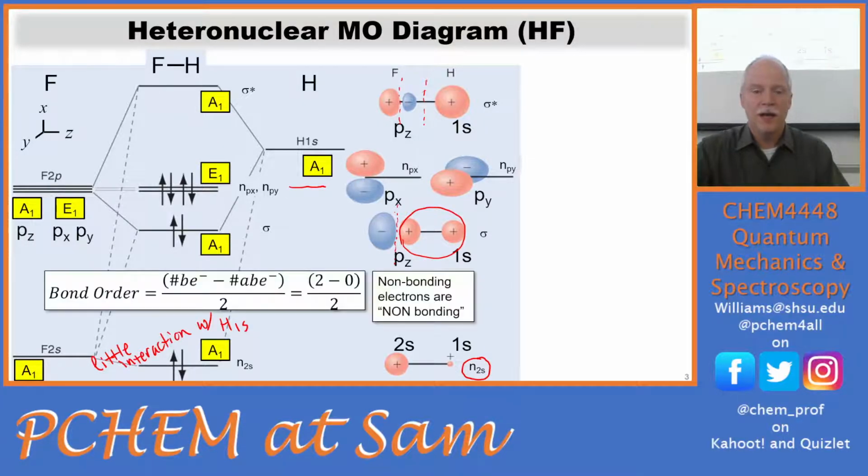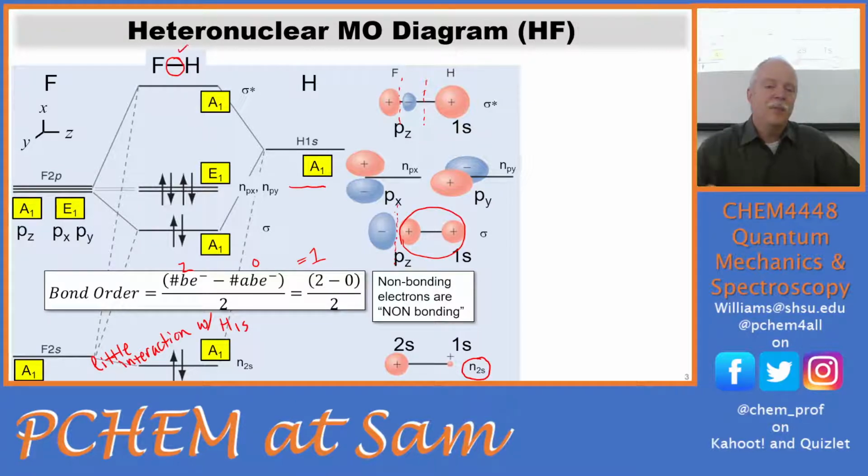Okay. Now, the bond order. This is kind of a tough calculation for anything other than a homonuclear diatomic, because I called this one a non-bonding orbital. Okay, so this is the 2 bonding electrons. So this is 2 here, and there are no anti-bonding electrons, so that's 0 there. So 2 minus 0 over 2 is equal to 1. And we know hydrogen fluoride has a single bond, right? HF, single bond.